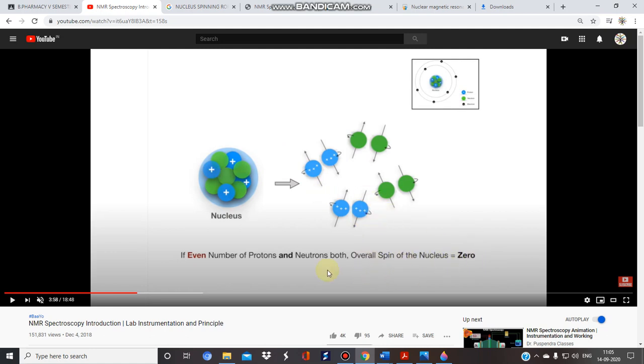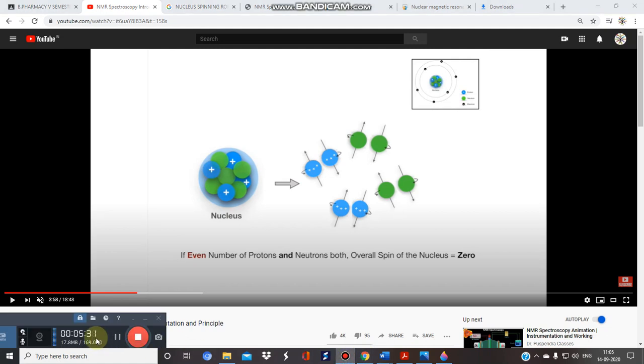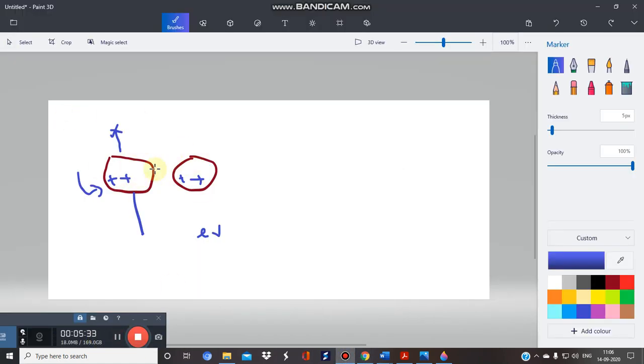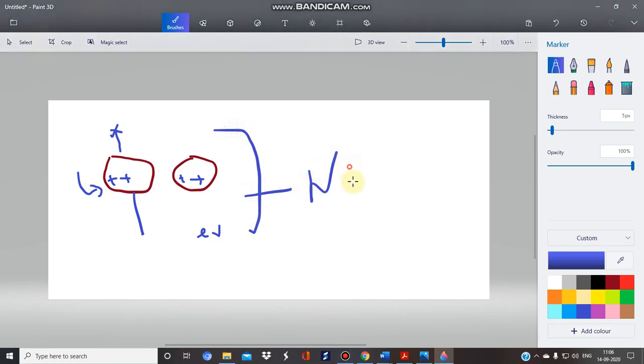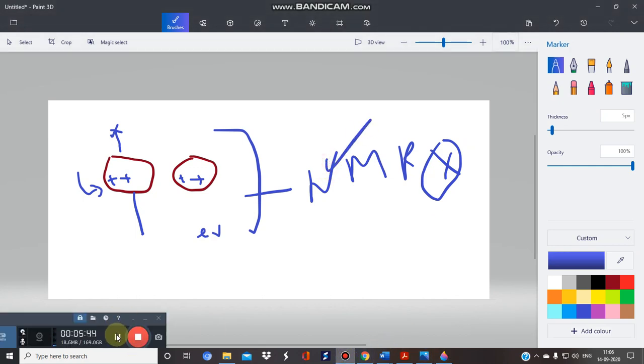In that case, if an even number of protons and neutrons are present in a particular atom, these types of atoms are NMR inactive, they do not show any NMR, because the overall spin is 0.